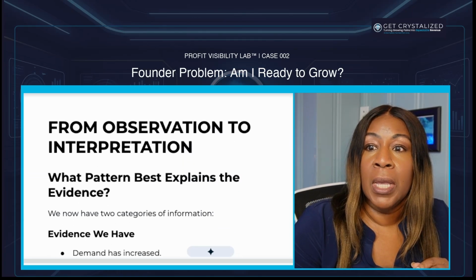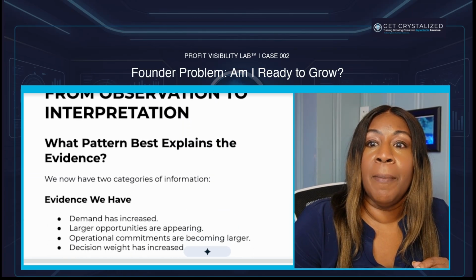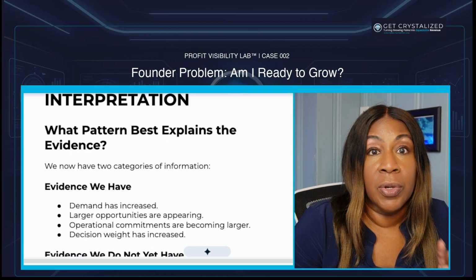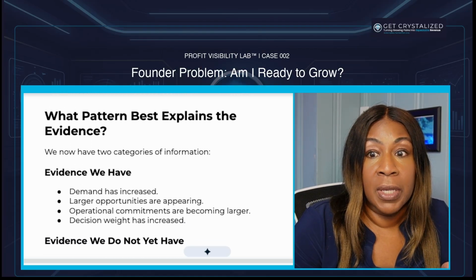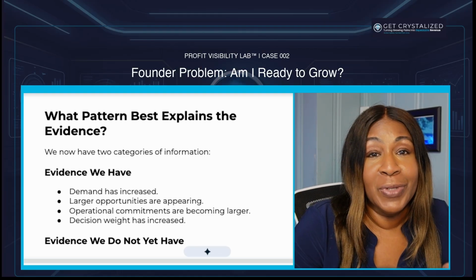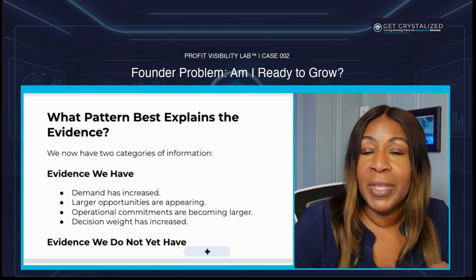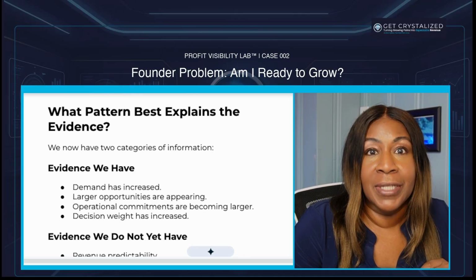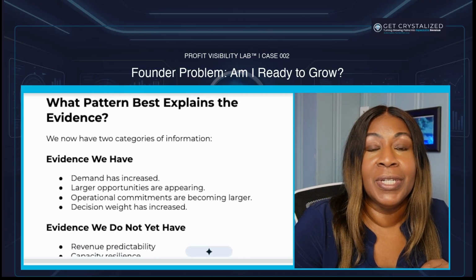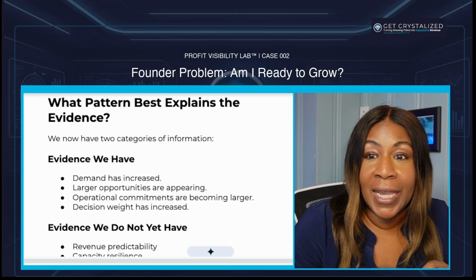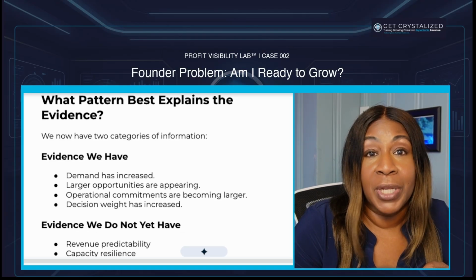Now, what pattern best explains the evidence? So we have 2 categories of information: the evidence we have and the evidence we don't have, right? The evidence we have: demand has increased, larger opportunities are appearing, operational commitments are becoming larger, and the decision weight has increased. This much we know.